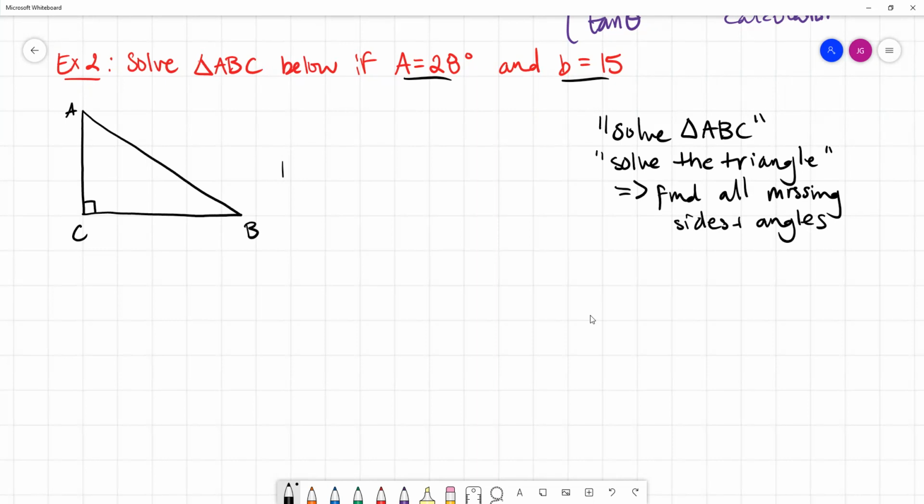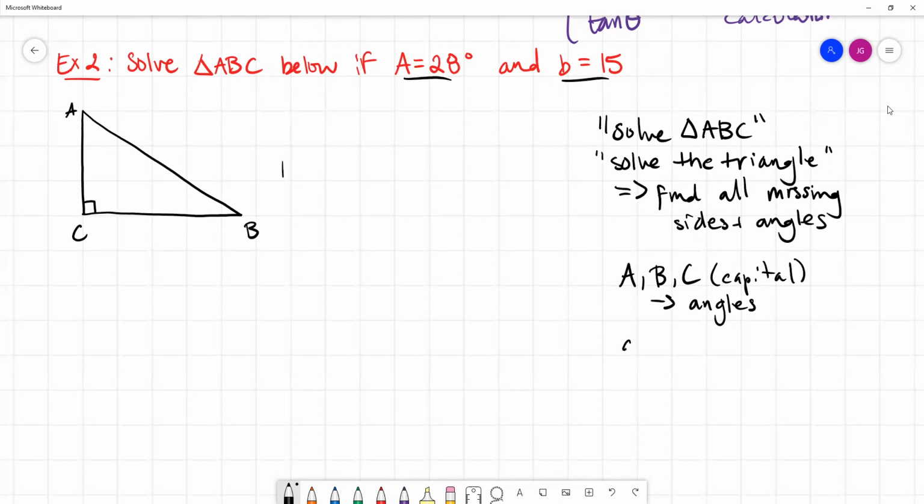And one more thing, notice how we have capital letters and we also have lowercase. In a triangle and in any shape in general, when we think about capital letters, so our capital A, B, C, those are referring to the angles. Okay, so a capital letter is an angle. Hence right here, why capital A is equal to 28 degrees.